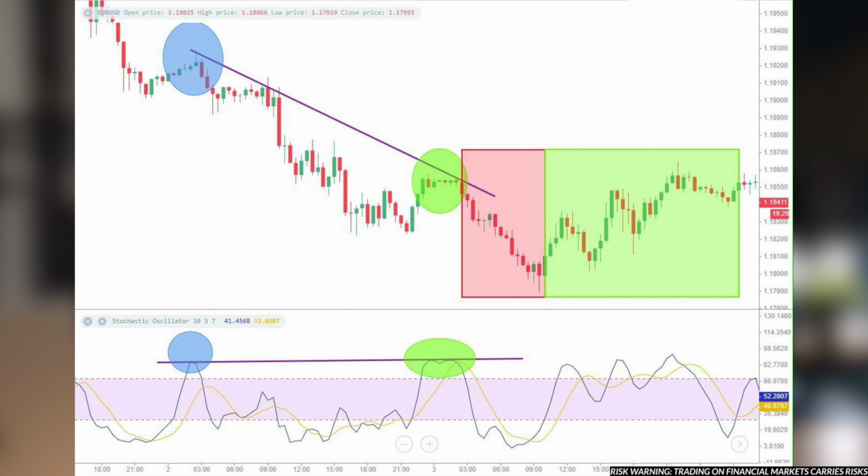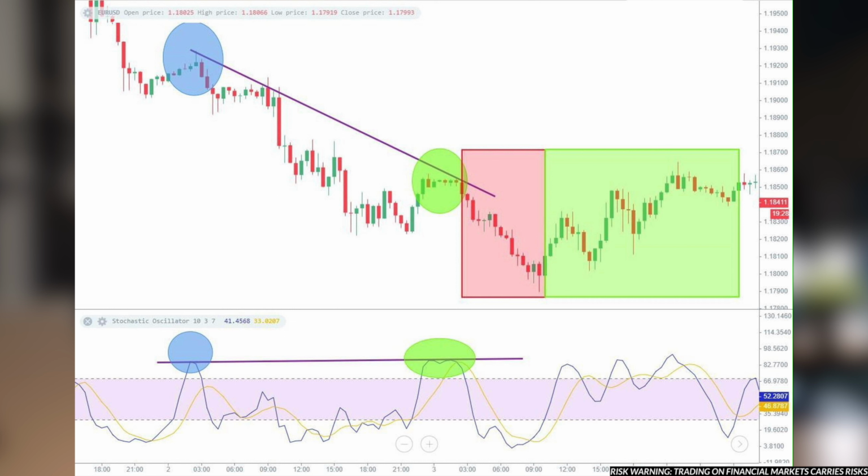This pattern should be used as a bullish entry point ahead of the upcoming rise. A bearish pattern occurs when the new lowest price has higher lows, but the oscillator forms a lower minimum, indicating strong sell signals.